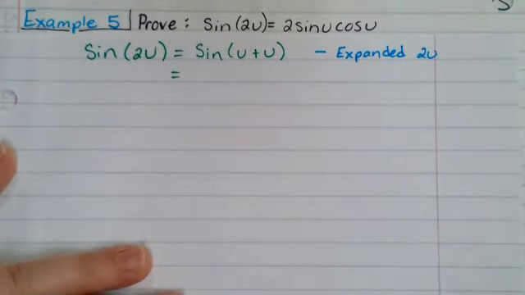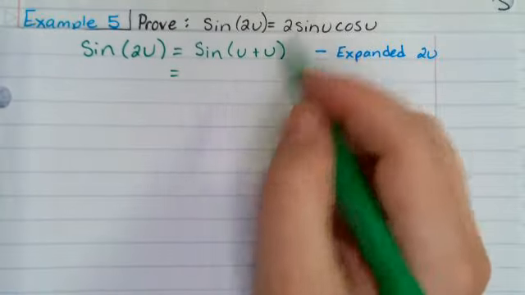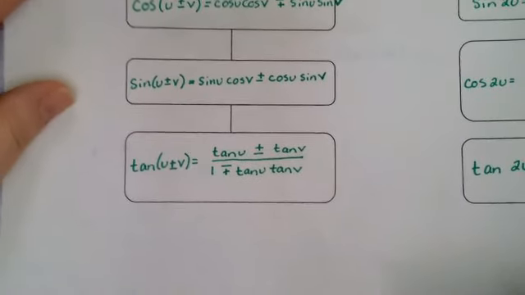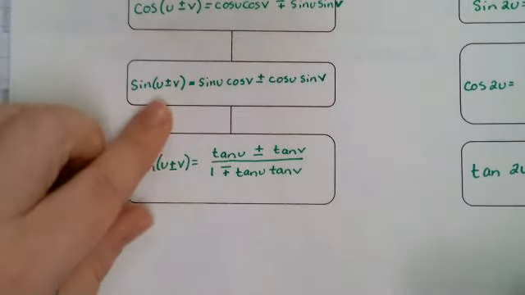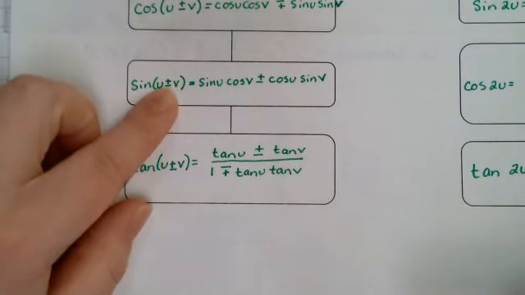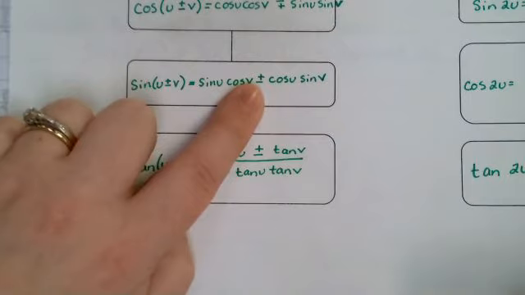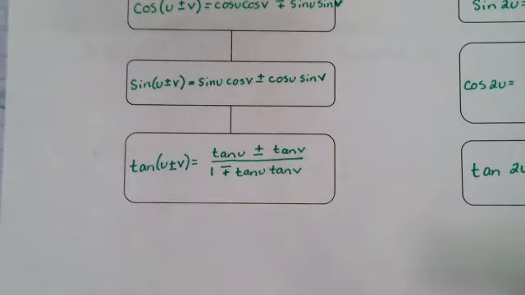But from there, we'll actually use a property because this is u plus u. So I'm going to bring this back. This is sine of a sum. And so we're going to follow the property for sine of a sum. You see here, we're going to use that top symbol, that plus. So that's the pattern that I'm following.